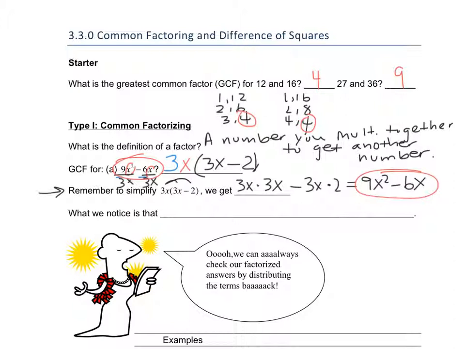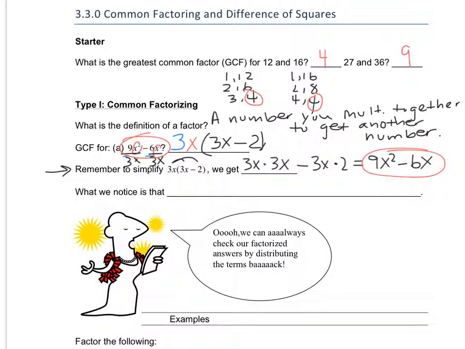So now at this point we notice that factored form and distributing, or expanded form, are opposites of each other, or inverses.